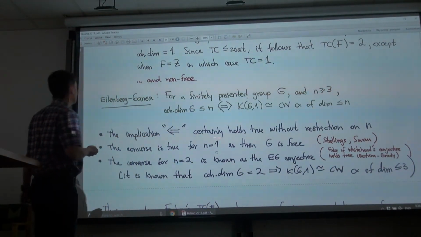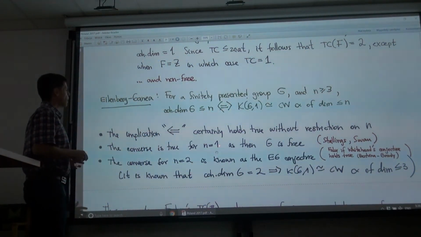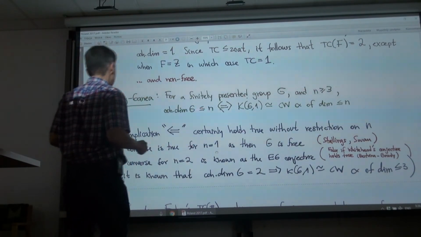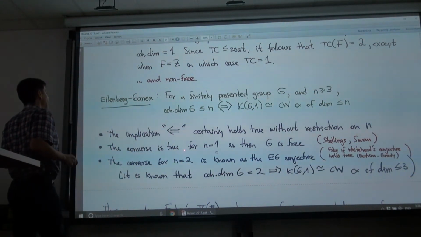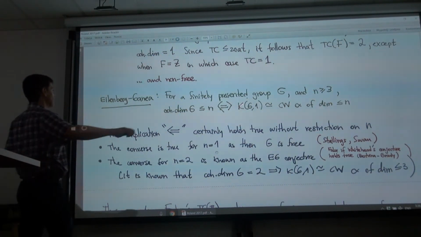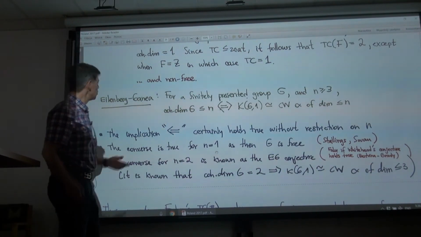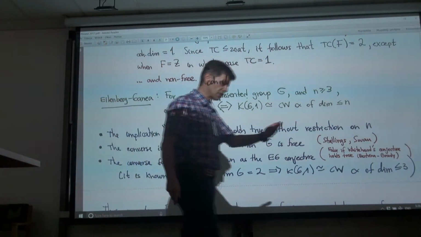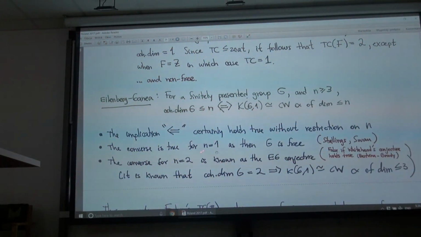One is not an exceptional case, because of what I already said, that's well understood. And by the way, the implication in that direction, from geometric to cohomological, is always true. Namely, if the geometric dimension is at most n, well, the cohomological dimension certainly is bounded by the same thing. But when this is 2, it is known that this will have a topological realization of dimension 3, but it is not known whether it would have to have a realization of dimension 2.